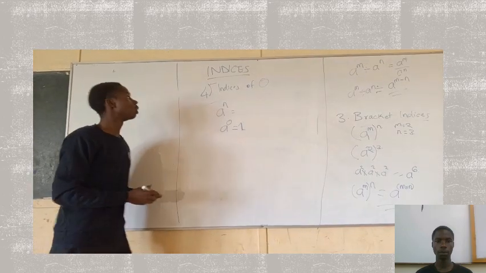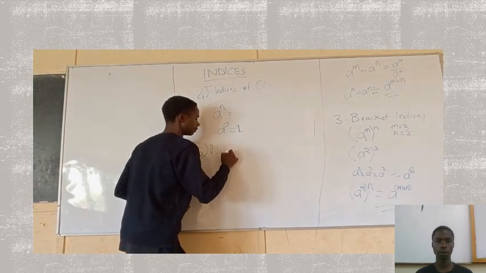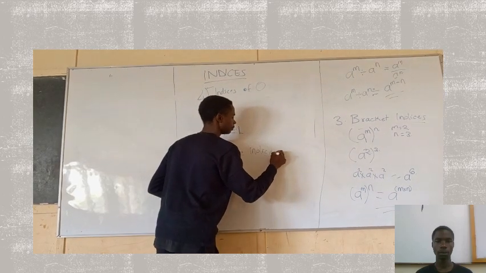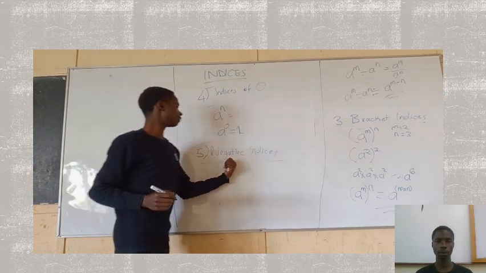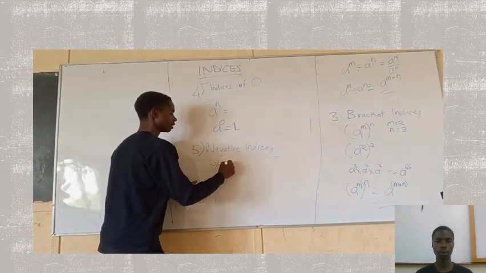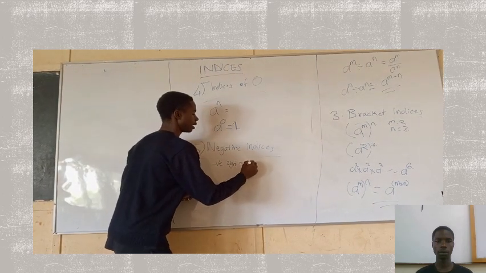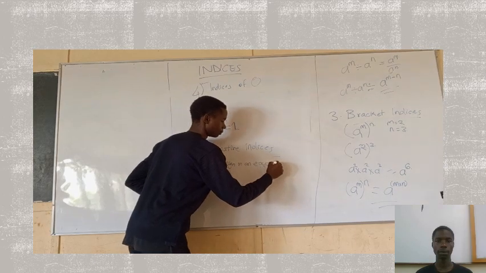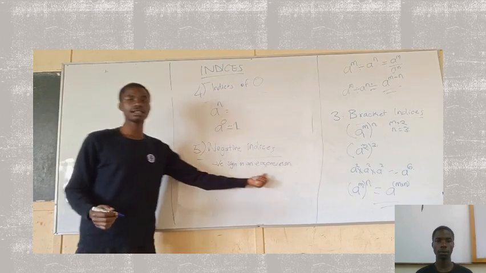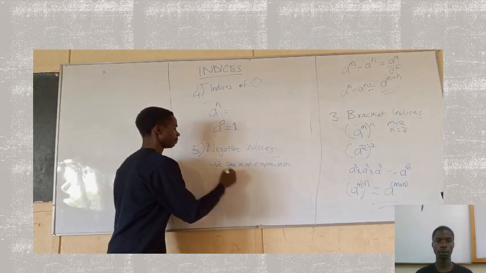And the last law we are going to talk about in this lesson is negative indices. As the word says, with negative indices you usually have a negative sign in an expression. What do we say about this expression? A negative sign in an expression, a^(-m).